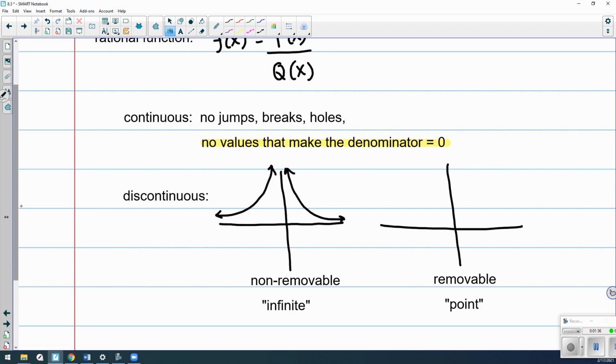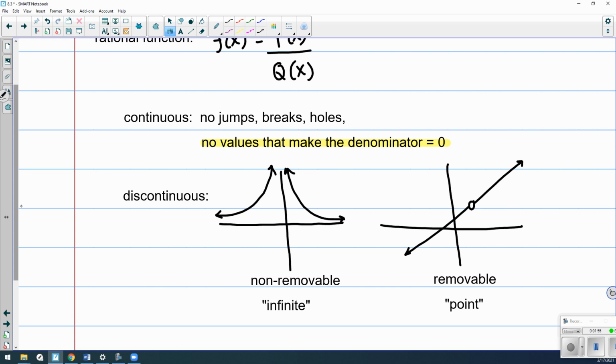Maybe we have a removable discontinuity. Removable discontinuity is also called point discontinuity. What happens is you're going along, and then there's a hole, and then you keep going. That's called removable or point discontinuity, because it's like they've just removed one point on the graph.